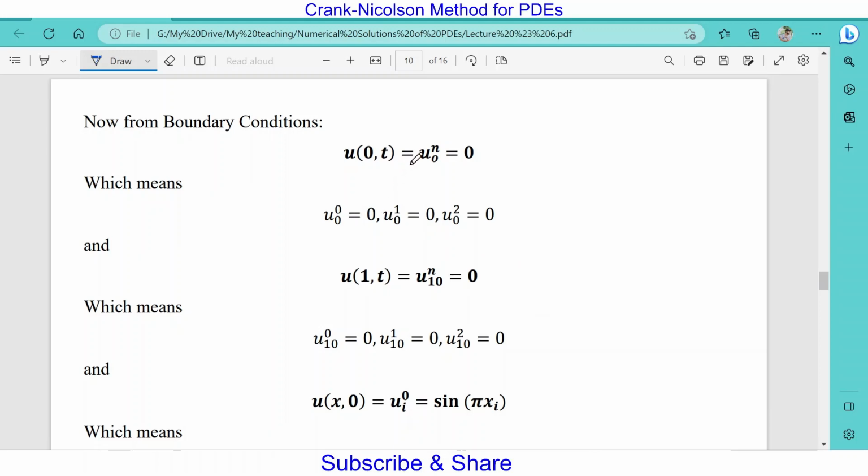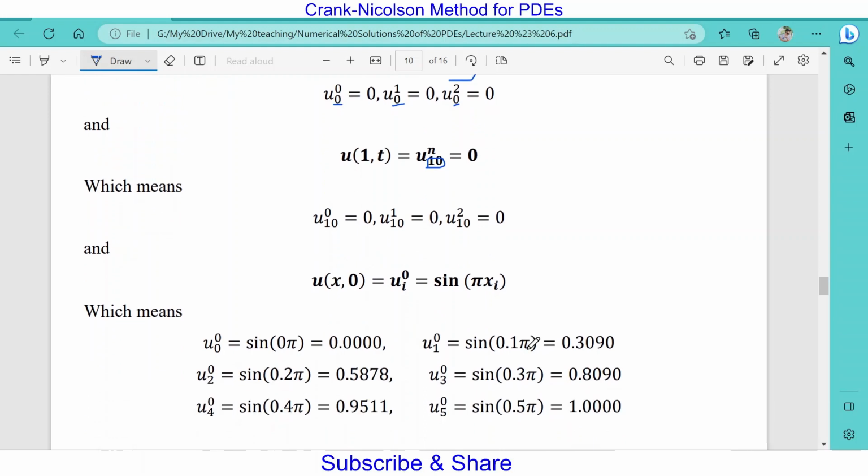So u at 0, t means u 0 n, which means all values are 0, which means u00, u01, u02, because x has to be 0, and we have total n equal to 0, 1 and 2. And for u at 1, t, since 1 will appear at the last i, and the last i has index 10, for all n it is 0. So u at 10, for n equal to 0, 1, 2, is 0.